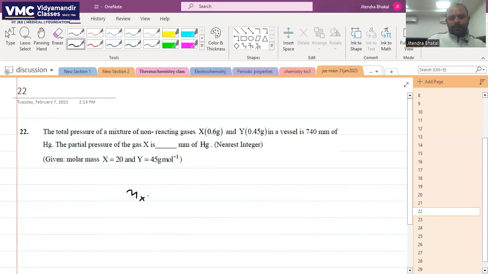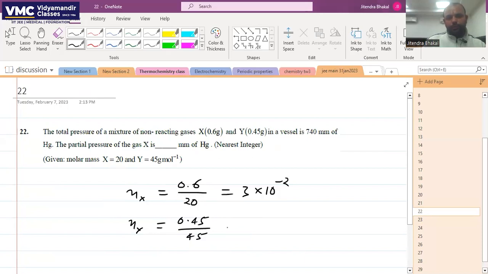Moles of X are mass upon molar mass, that is 20, and moles of gas Y is 0.45 upon molar mass 45. So here we will get 3 into 10 raised to power minus 2 moles, and here 1 into 10 raised to power minus 2.